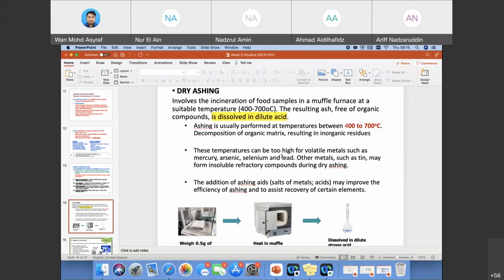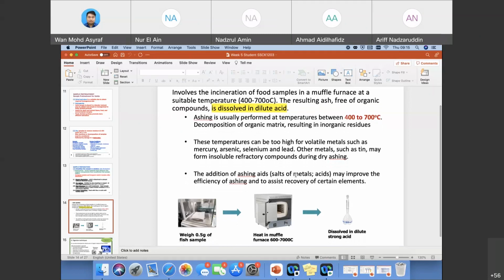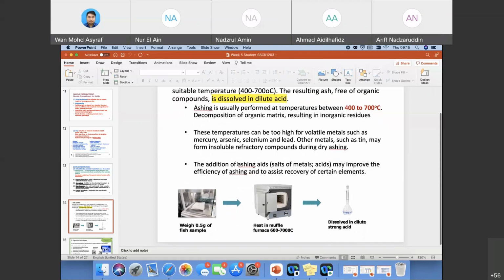The addition of ashing aids, for example salts of metals or acids, may improve the efficiency of ashing and assist the recovery of certain elements. When you look at this figure, we weigh about 0.5 gram of fish sample.